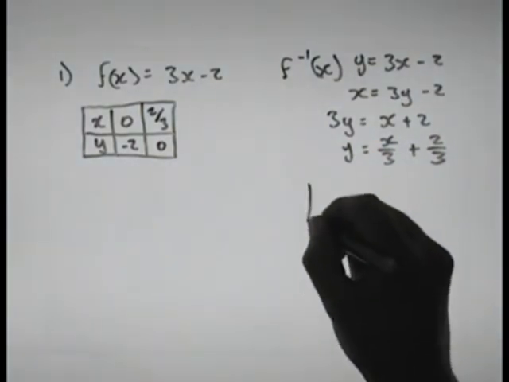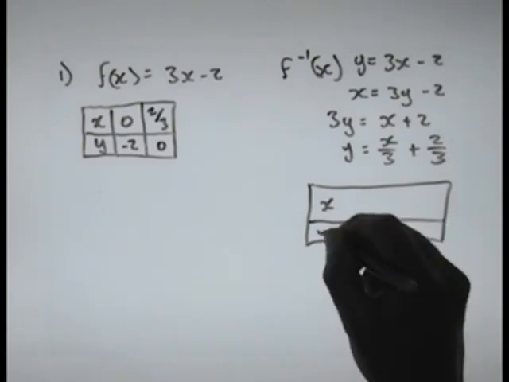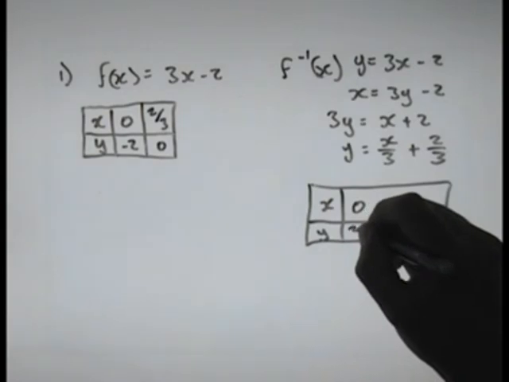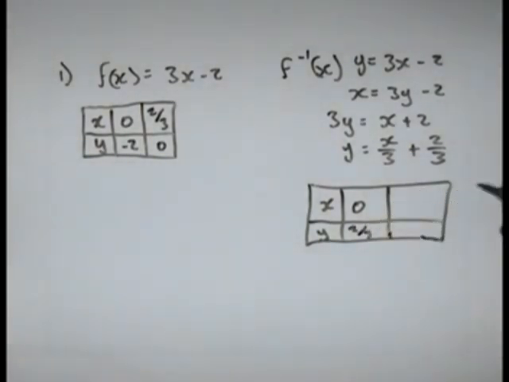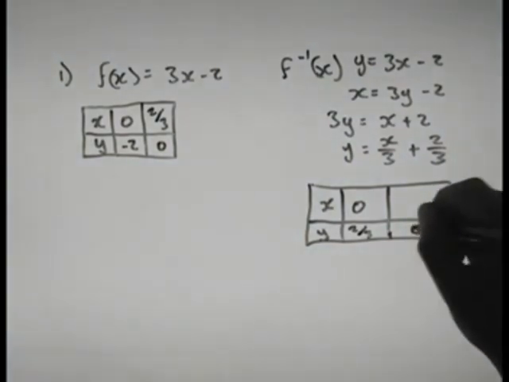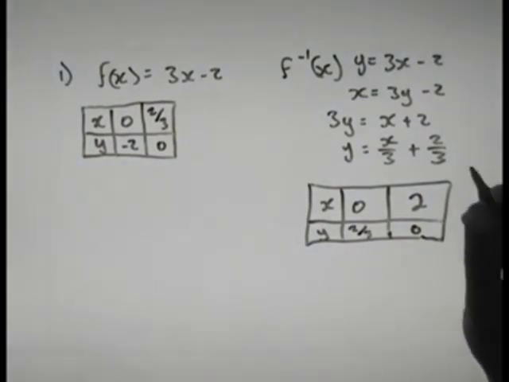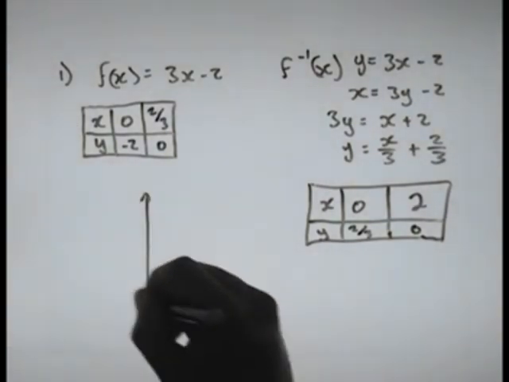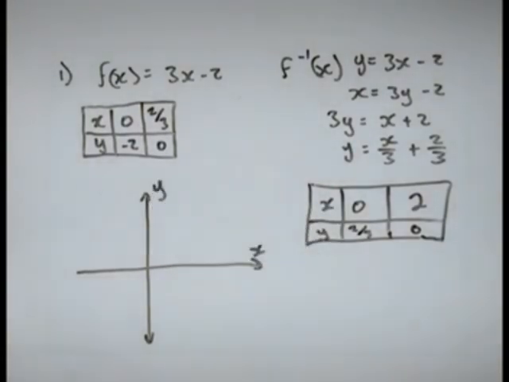If I do a small little table for this one, when I have an x value of 0, my y value is going to be 2 over 3. And when I have a y value of 0, x is going to equal positive 2. If I try and sketch this on a set of axes, that's my x-axis, y-axis.